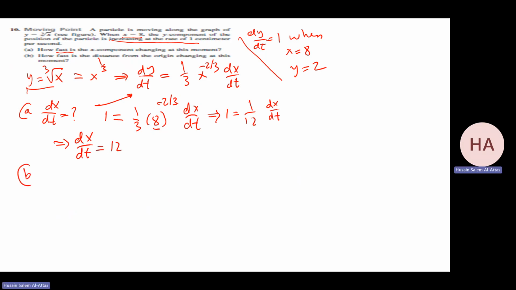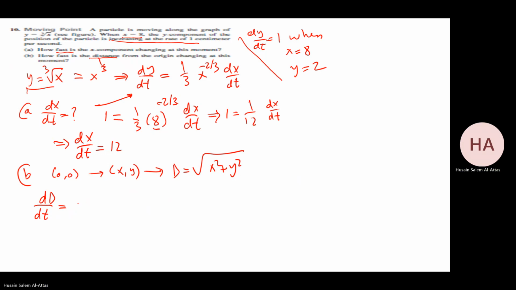Part B. How fast is the distance from the origin changing? I want the distance from the origin to the point x and y. What is the distance? Square root of x squared plus y squared, which is x minus 0 squared plus y minus 0 squared. So now what will be the rate of change of d? It will be 1 over 2 root x squared plus y squared times 2x plus 2y.